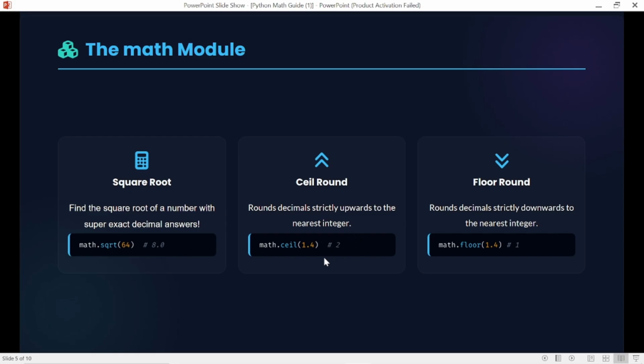Look, math.ceil 1.4 will convert it to 2, because the upward integer is 2. Then floor rounds decimals strictly downwards to the nearest integer. Math.floor 1.4, the answer would be 1 because it goes downwards.